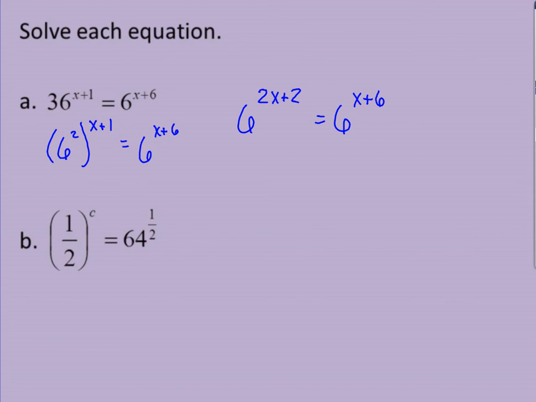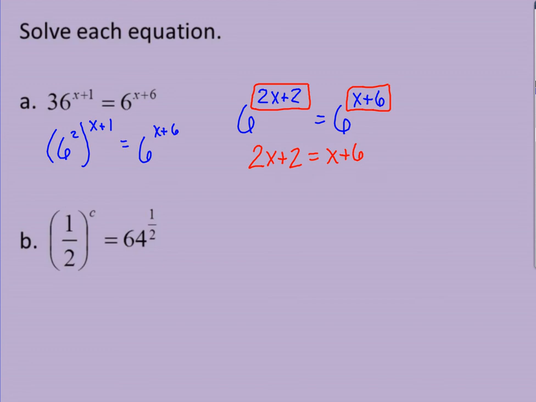Now that the bases are the same, we know the exponents are the same, so we can set 2x plus 2 equal to x plus 6. And now we can just solve for x.